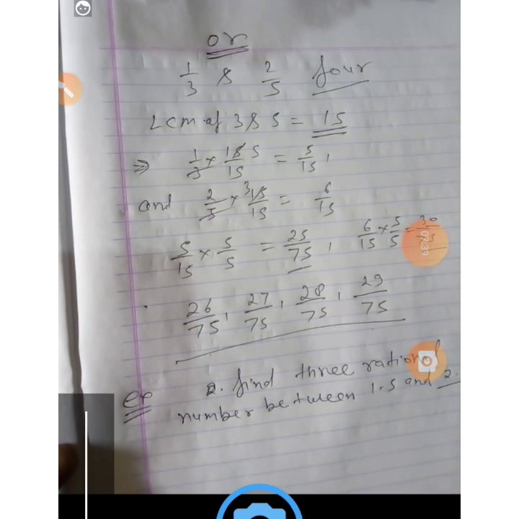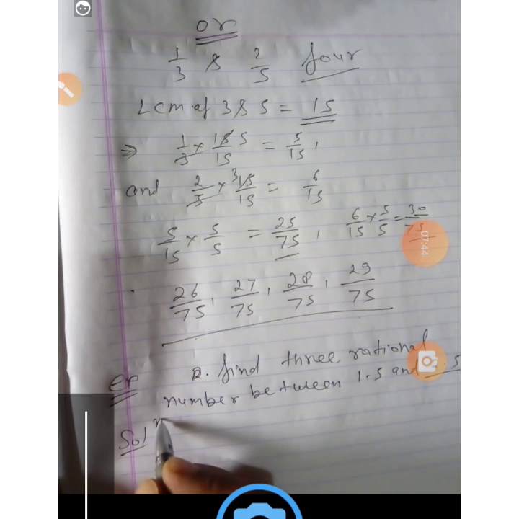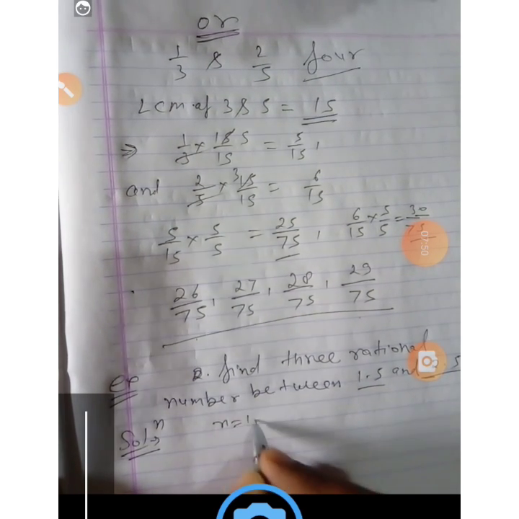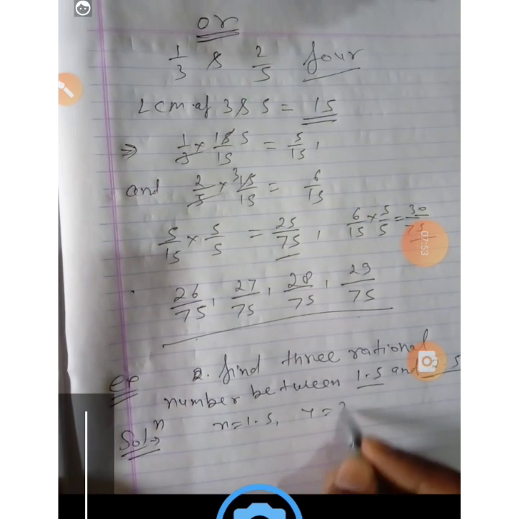If we want to find them, first of all we identify x and y. Here x is 1.5 and y is 2.5.